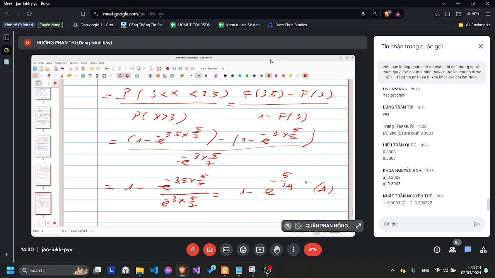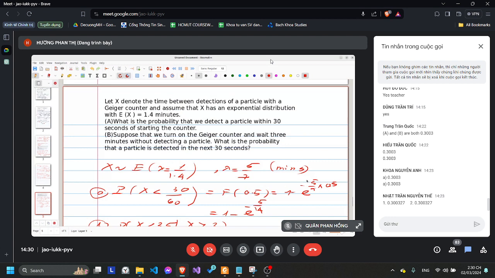Return to the questions. It said that we turn on the counter and start to detect the particle directly, immediately. Or even you wait after 3 minutes without any detections.